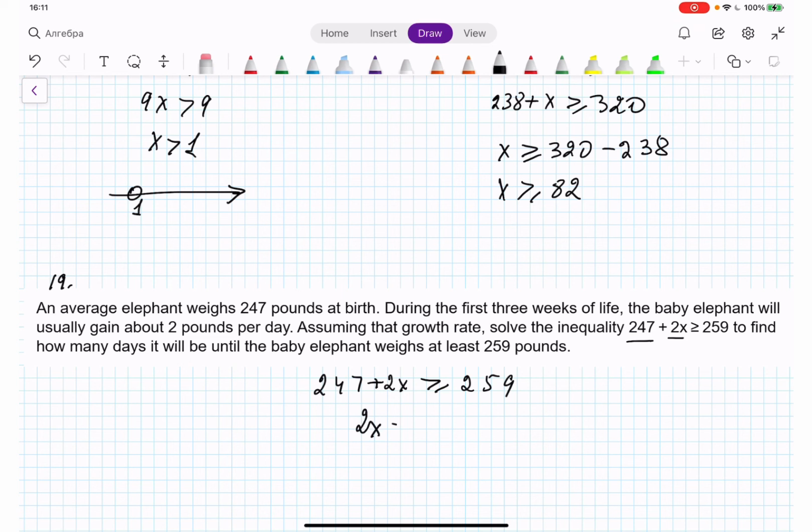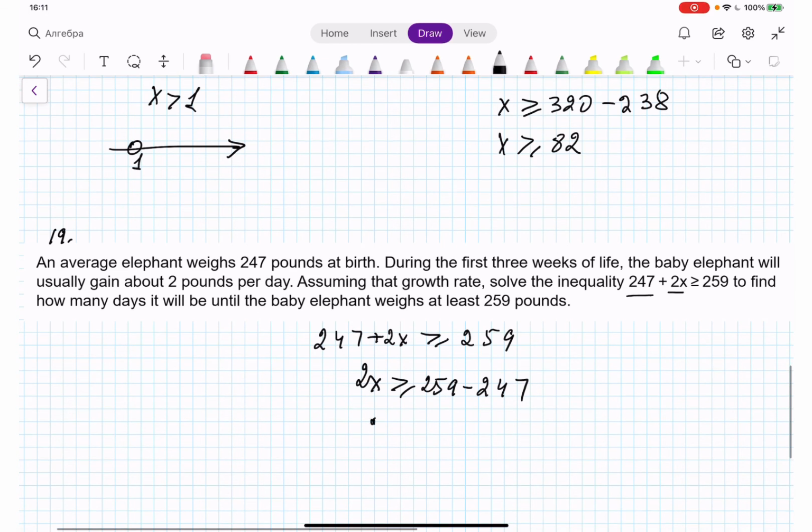So 2x is greater equal 259 minus 247, and 2x greater equal 12, and x greater equal 6. So which means the baby elephant will weigh at least 259 pounds in a minimum of 6 days. Okay? Okie dokie. I'm done.